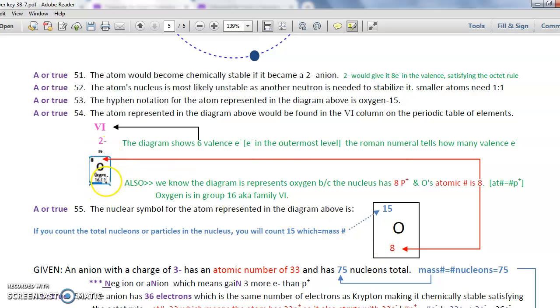Here's oxygen's picture from the periodic table. There's an 8 in the upper left-hand corner here. Why? Because on the periodic table, the 8 can go anywhere. There's not a rule where it has to go. And in fact, the 15 goes nowhere on the periodic table because this atom has 15 in the nucleus. Some atoms of oxygen have 16. Others might have 17, some 18. Maybe other numbers are possible.